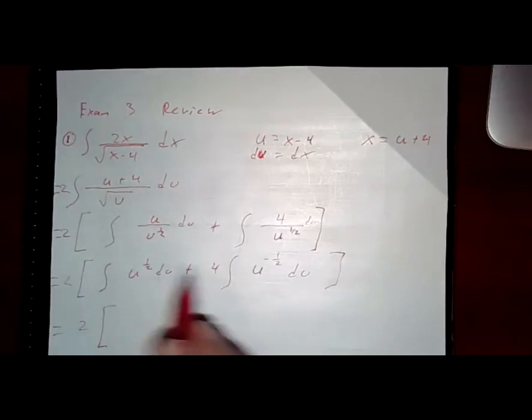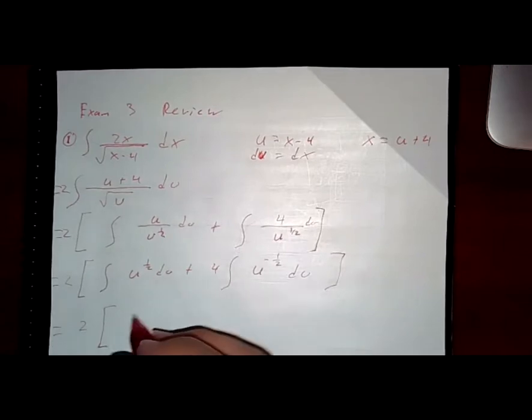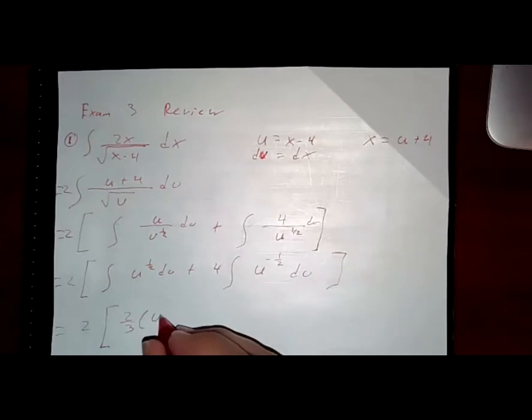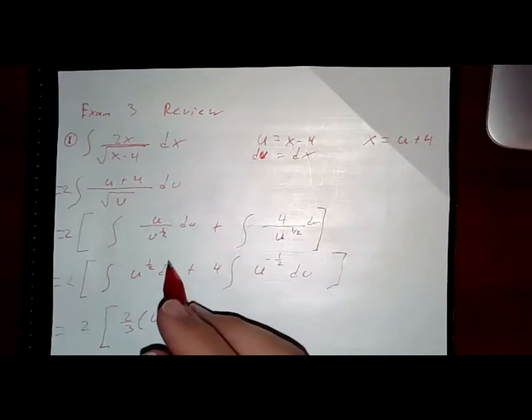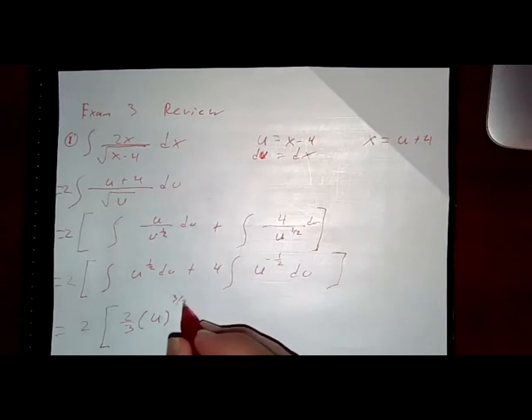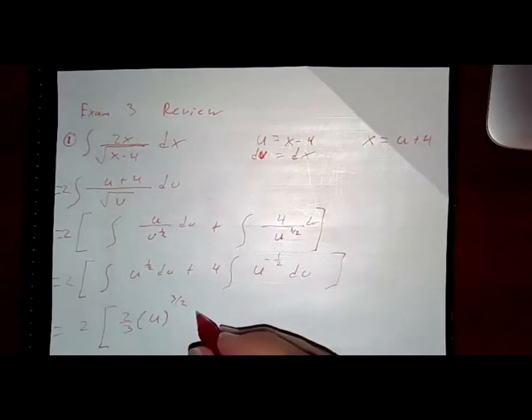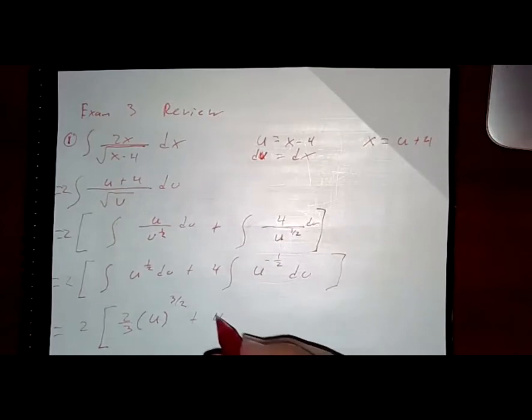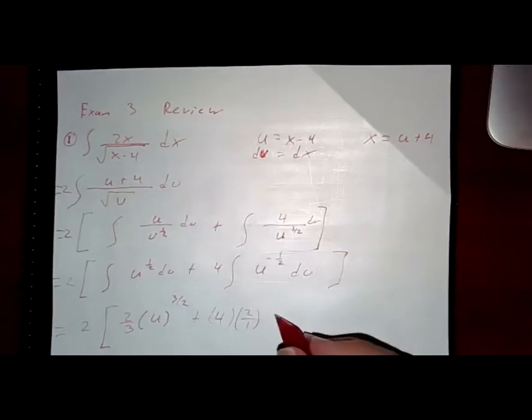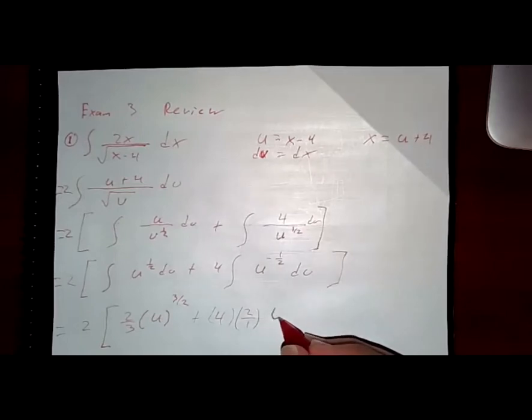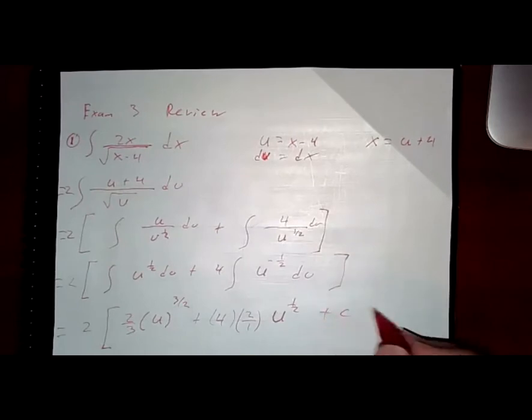All right, so integrate that. That'll be 2/3 times u to the 3/2 plus 4 times 2 over 1 times u to the 1/2 plus c, technically.